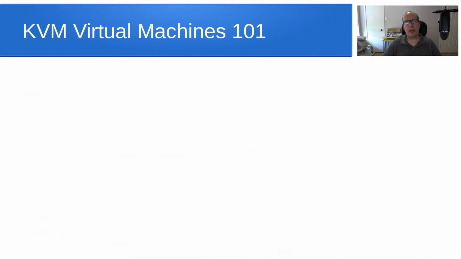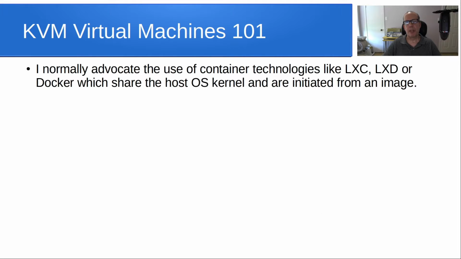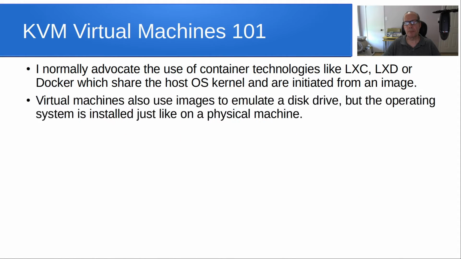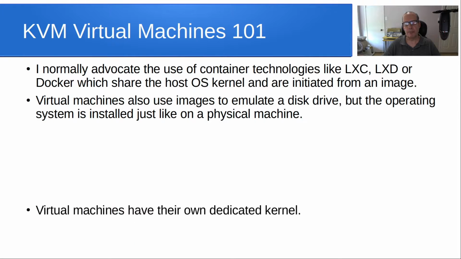Today I wanted to talk about KVM Virtual Machines 101. I normally advocate the use of container technologies like LXC, LXD, or Docker, which share the host OS kernel and are initiated from an image. Virtual machines also use images to emulate a disk drive, but the operating system is installed just like on a physical machine.